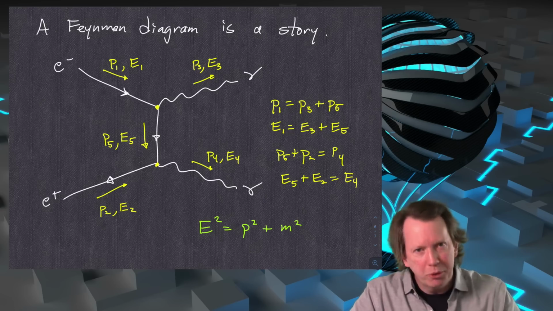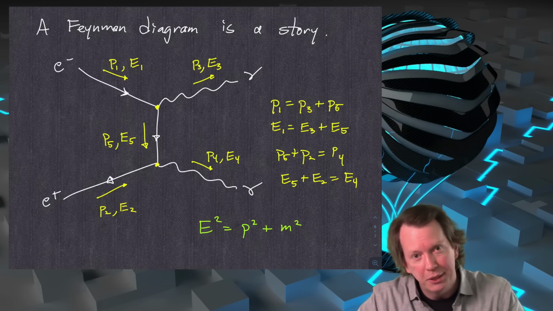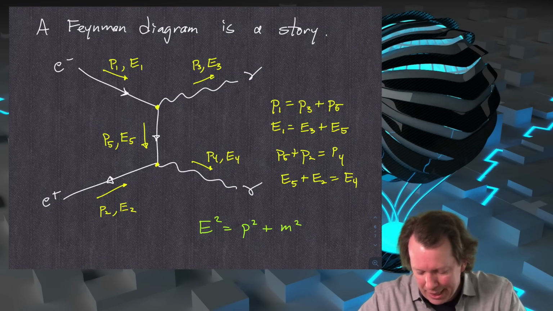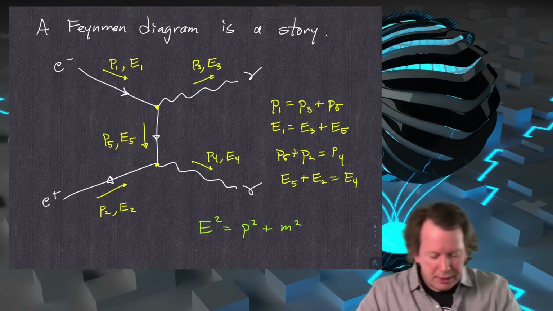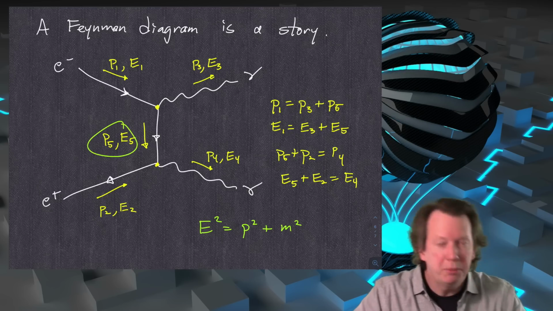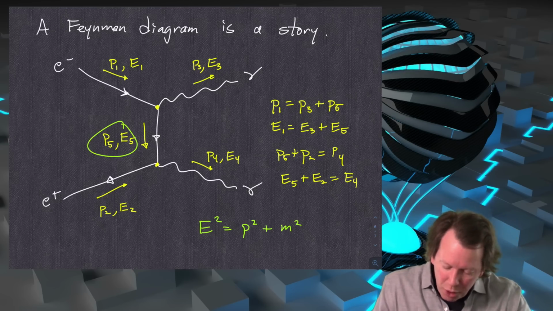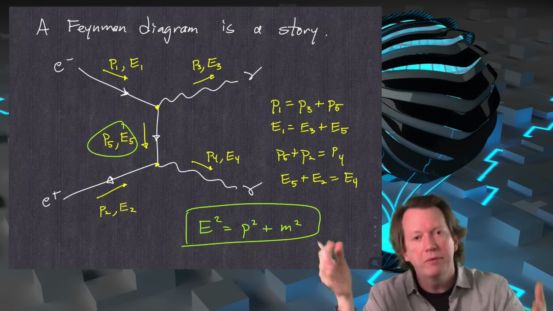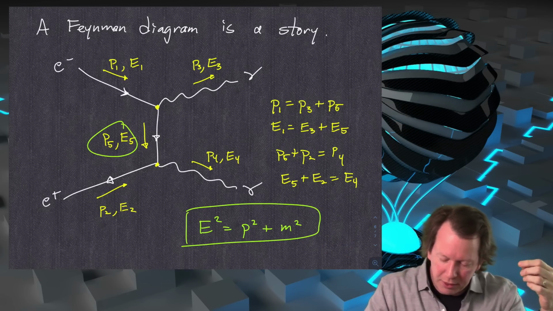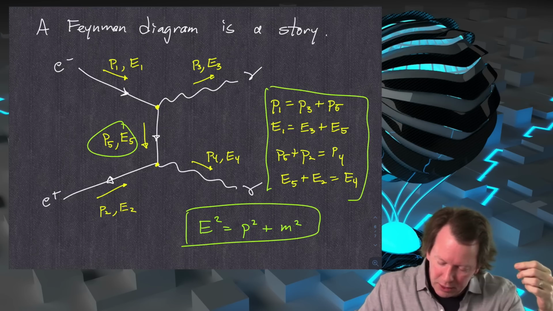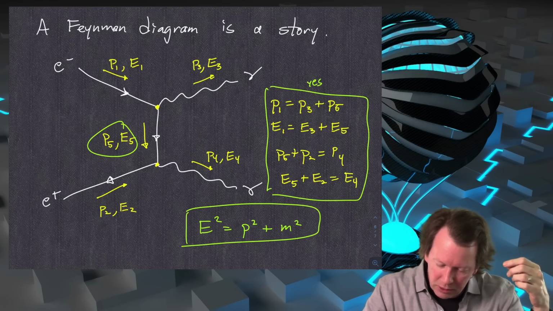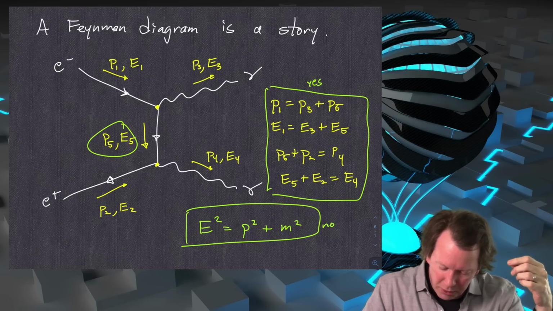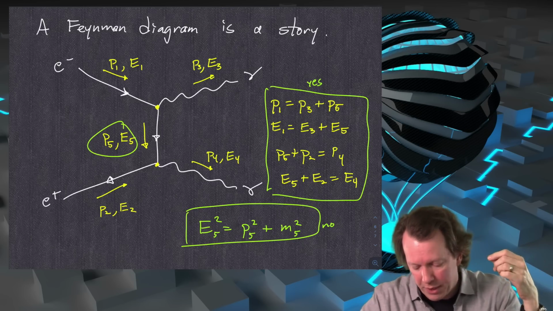You can't separately decide what the energy is and what the momentum is. These quantities, P5 and E5, will not obey, in general, this relation. The energy is just whatever it has to be to satisfy energy conservation. The other particles will obey this, but this is not true for E5, okay?